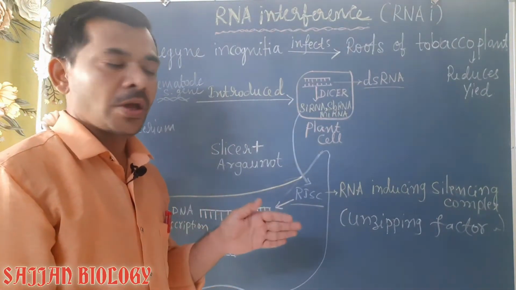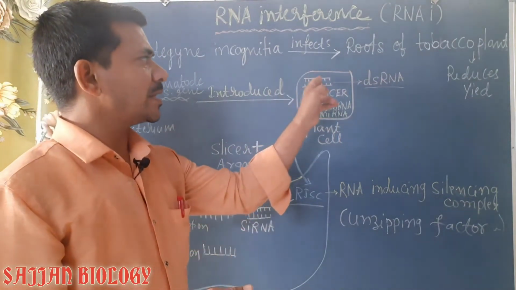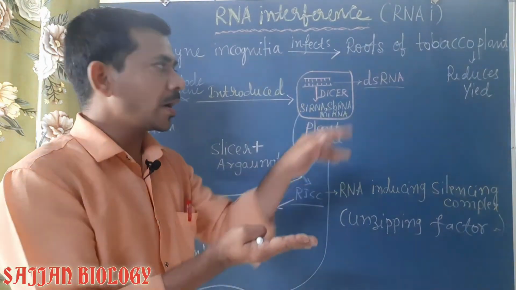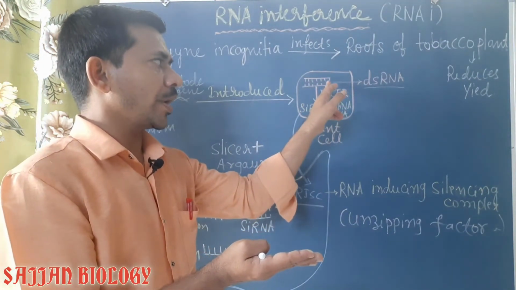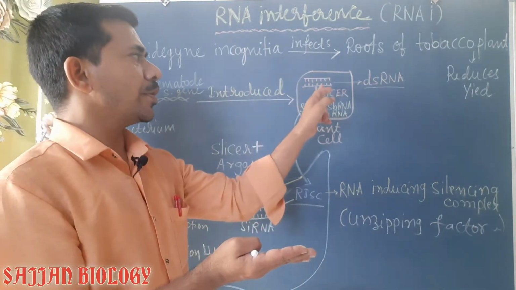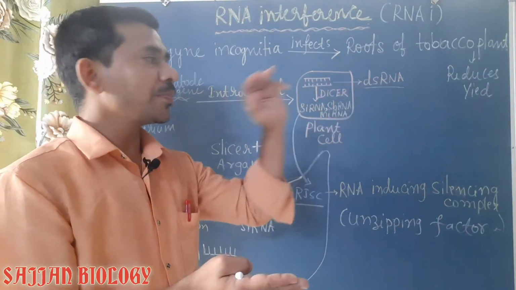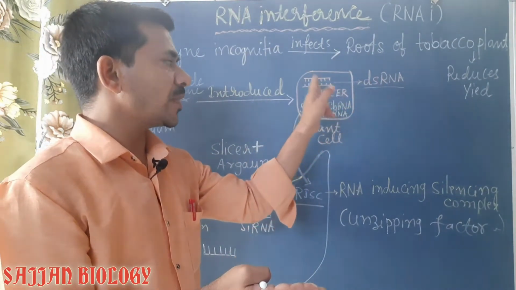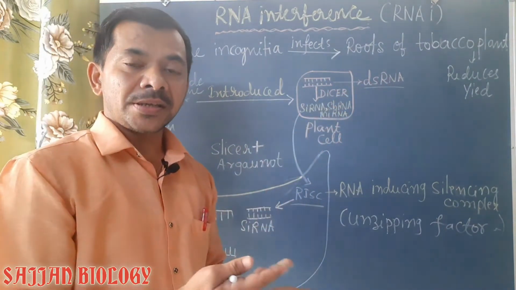After forming the sense and antisense mRNA, both together become double stranded, and because of this they can produce a double stranded RNA. Once this double stranded RNA is formed, there is a dicer.